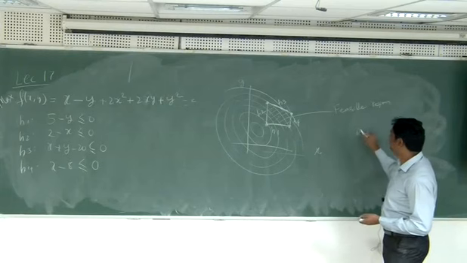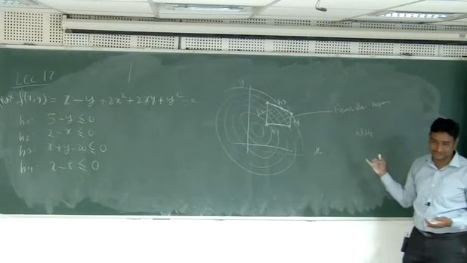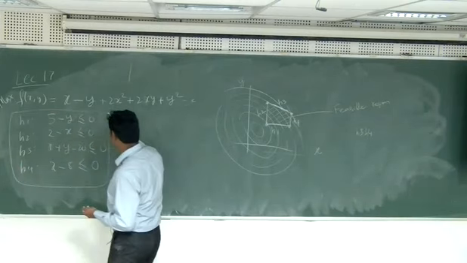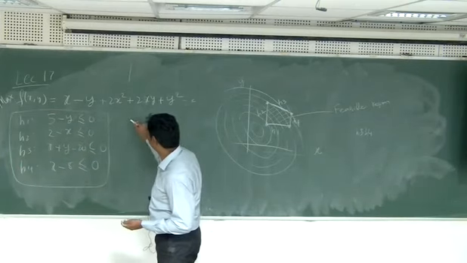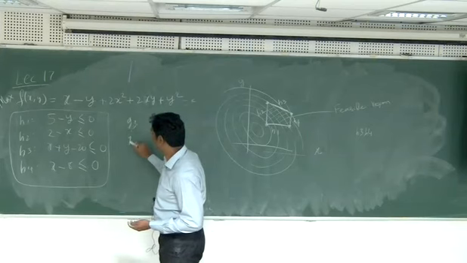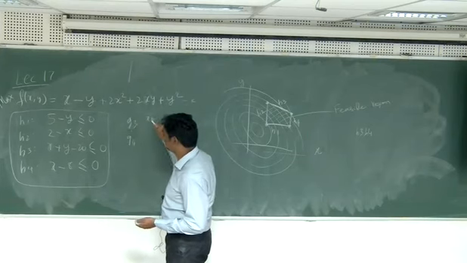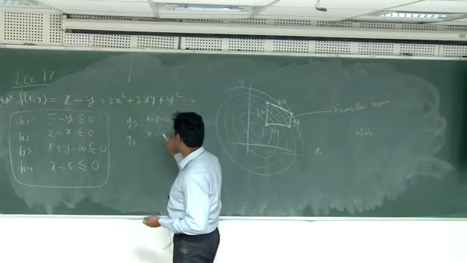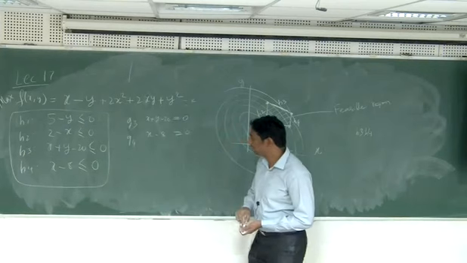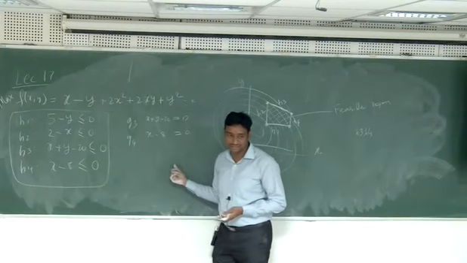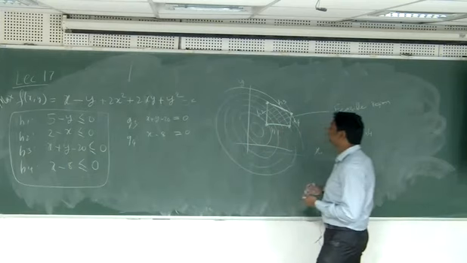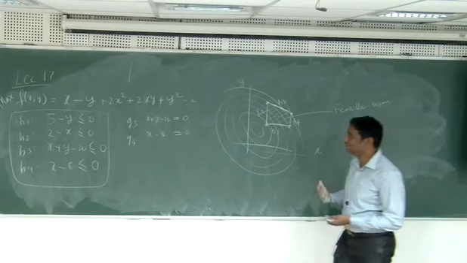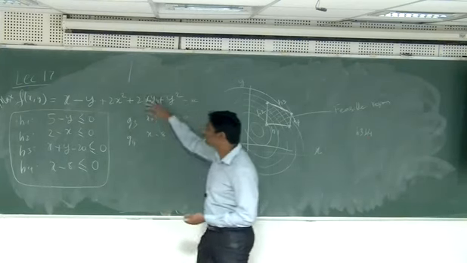Suppose you consider that H3 and H4 are the intersection points. In that case, I can replace this whole thing with G3 and G4. G3 I will write as x plus y minus 20 equal to 0, and this one I'll write as x minus 8 equal to 0. So I am replacing the inequality constraints with equality constraints, assuming that G3 and G4 are the solutions. I don't know that, but from here I know how to solve.